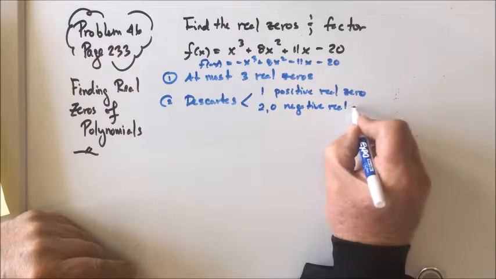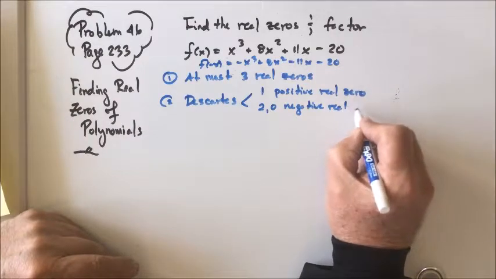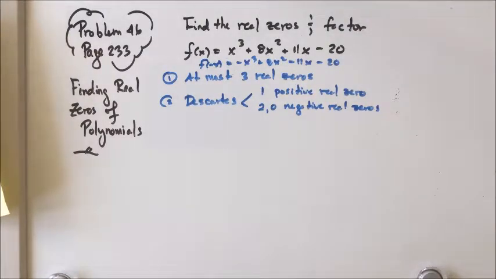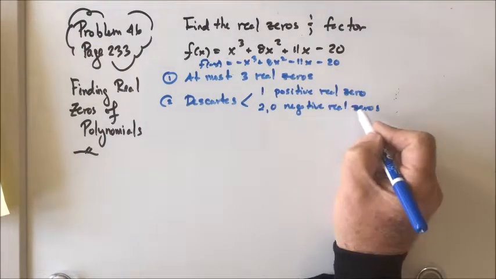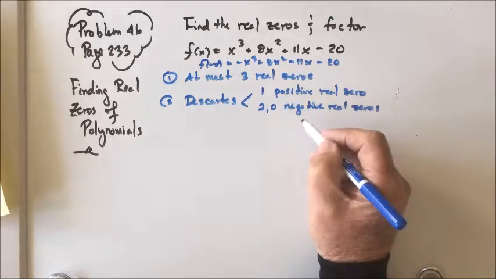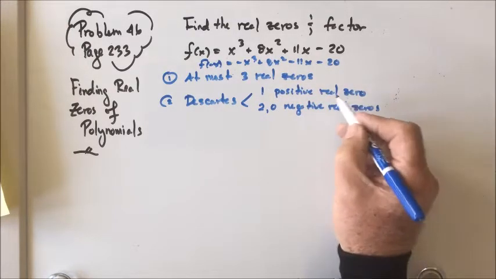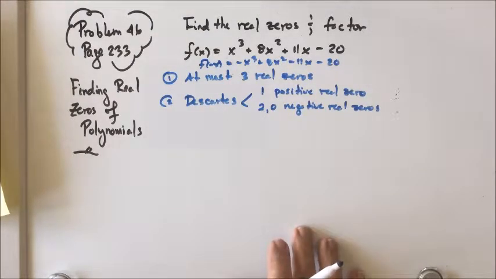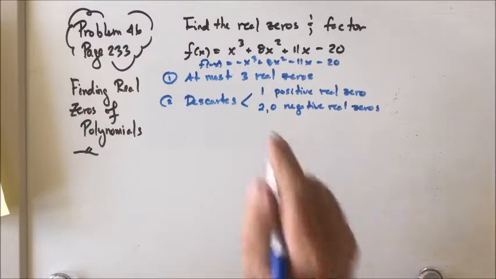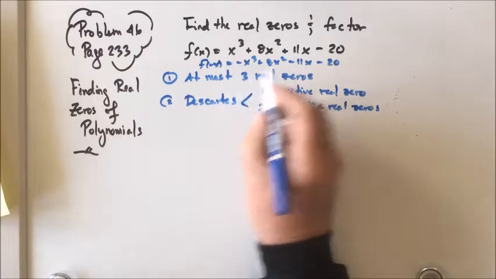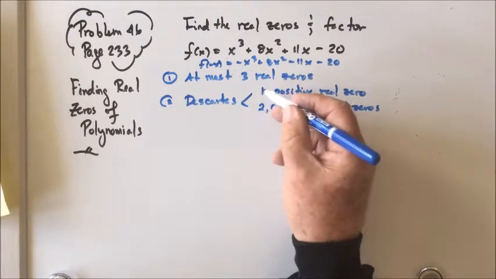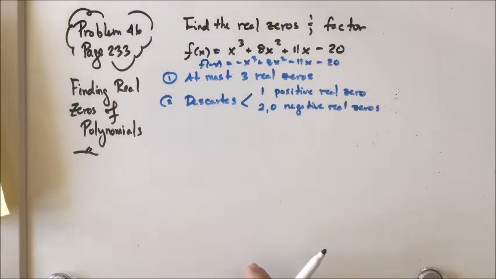So the situation here is either I've got 3 real zeros, 1 positive, 2 negative, or I've just got 1 real zero, and then the other 2 would, you'll find later, be complex. Because after all, we're looking for at most 3. So this Descartes' rule tells us, yeah, you might find 3, you might find 1 real zero.